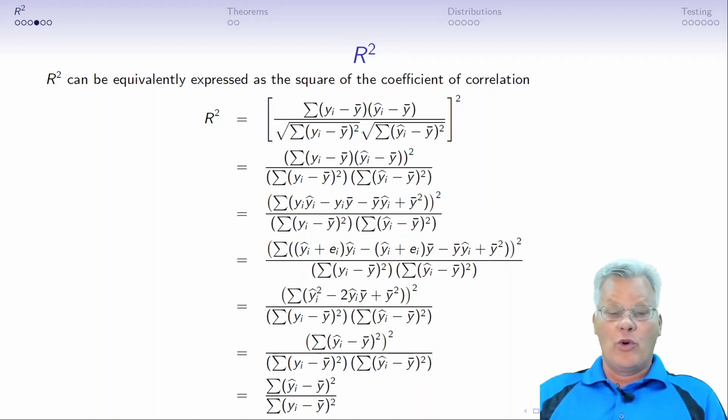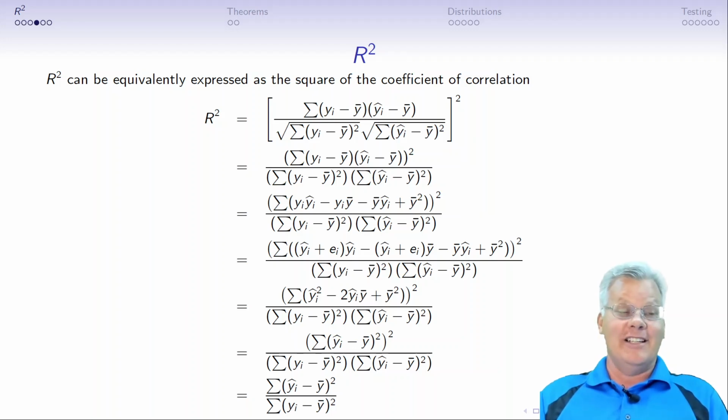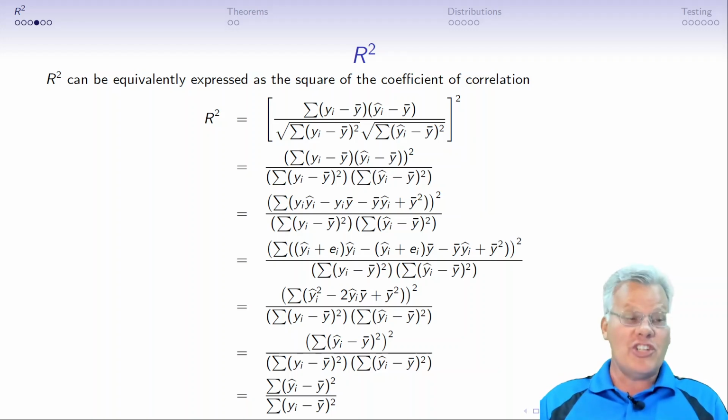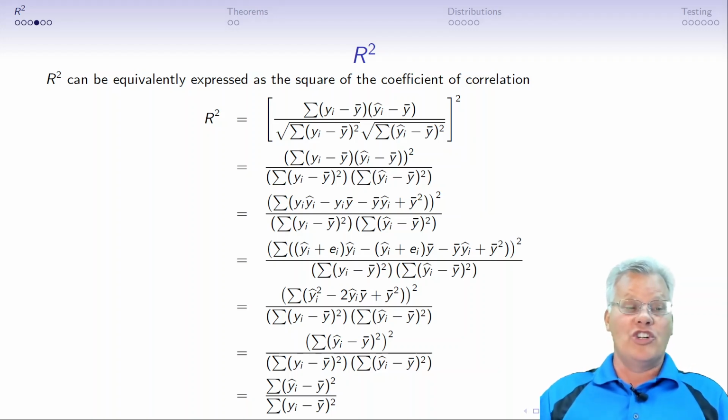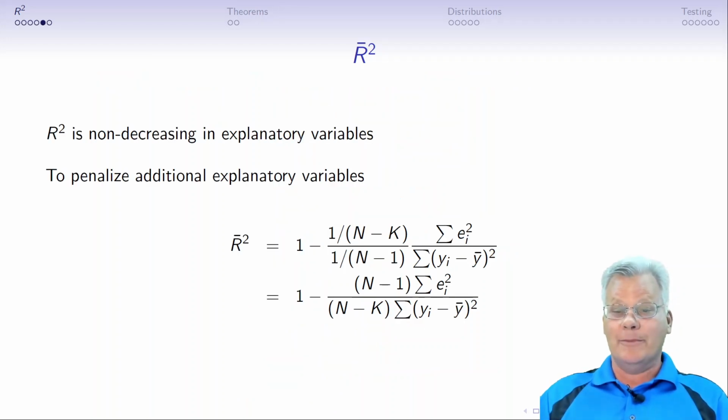We have regression sum of squares in the numerator. We have total sum of squares in the denominator. So the old-fashioned statistic rho, the coefficient of correlation squared, is equal to r squared in the sense that econometricians think about it as the proportion of explained variation in the equation.